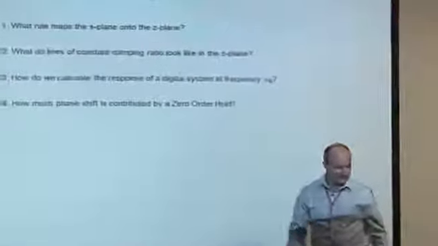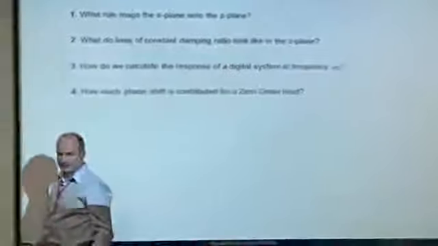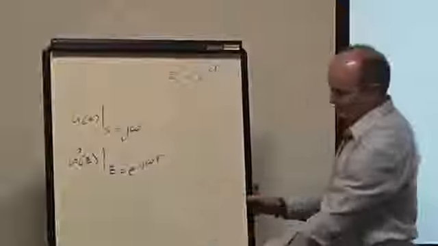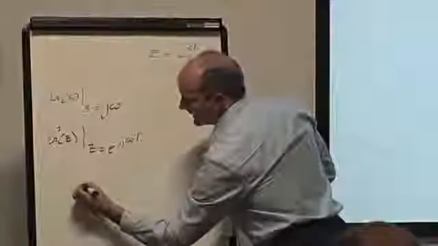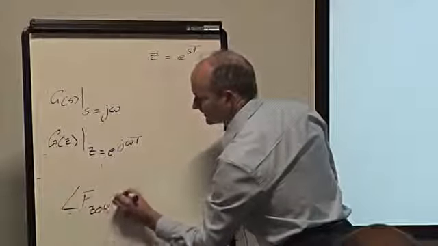How much phase shift is contributed by a zero-order hold? No, I don't know why people don't seem to get this one. I'm going to have to revise this slide. So the phase angle of a zero-order hold, I think I wrote it like this.